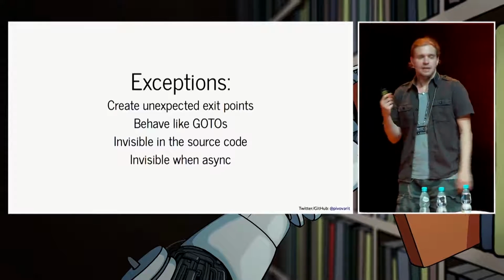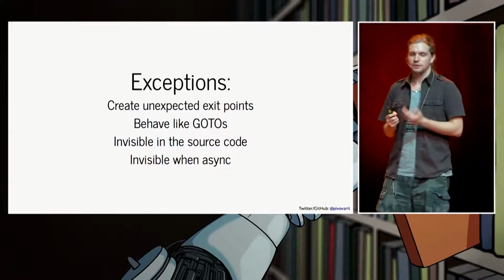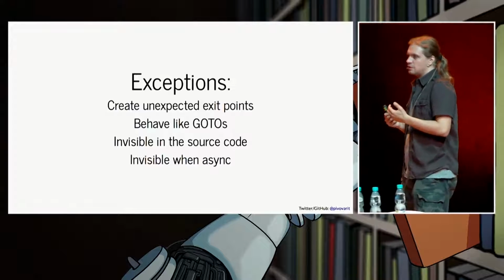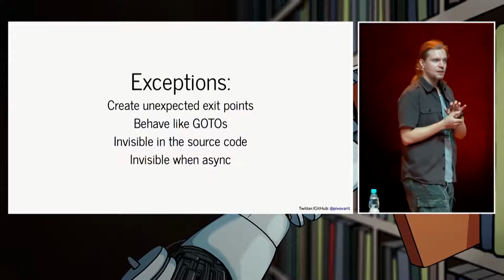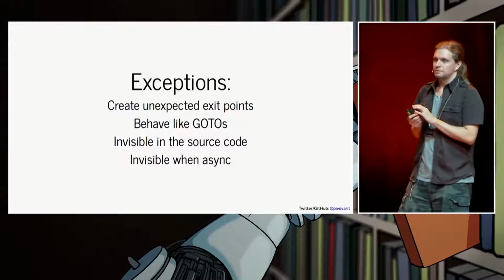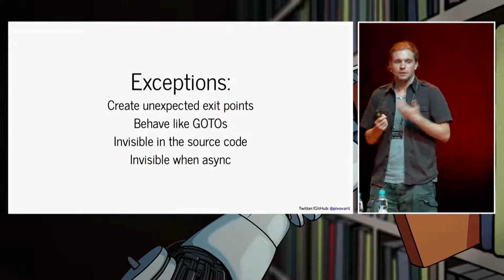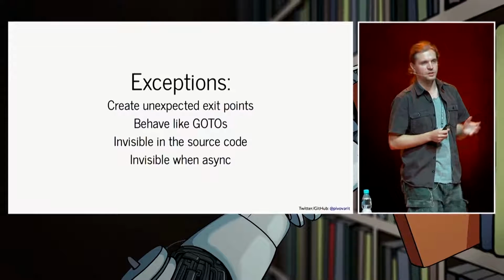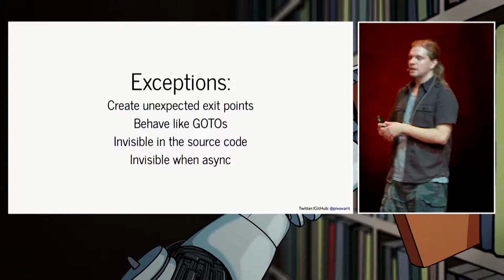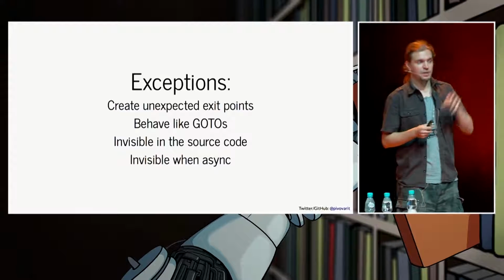The other thing is, once you throw an exception, naturally you need to catch it. Sometimes you might catch only some subset of the type hierarchy of a particular exception, so the exception might be propagated further, and then it behaves like a goto. You try in one spot, you jump abruptly to another, then you handle it. There might be another exception thrown over there, and then you keep jumping all around.